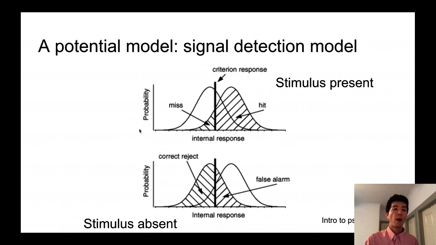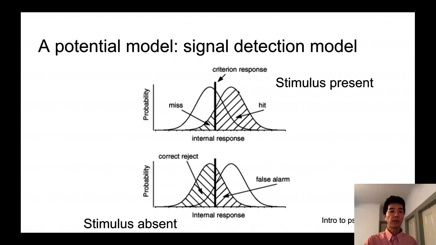And then the y-axis is the likelihood or probability that you estimate subjectively. So this particular vertical bar is your criterion of your response. Under the stimulus present condition, let's suppose that the probability that the stimulus evokes this particular strength of the qualia corresponds to this level of probability.